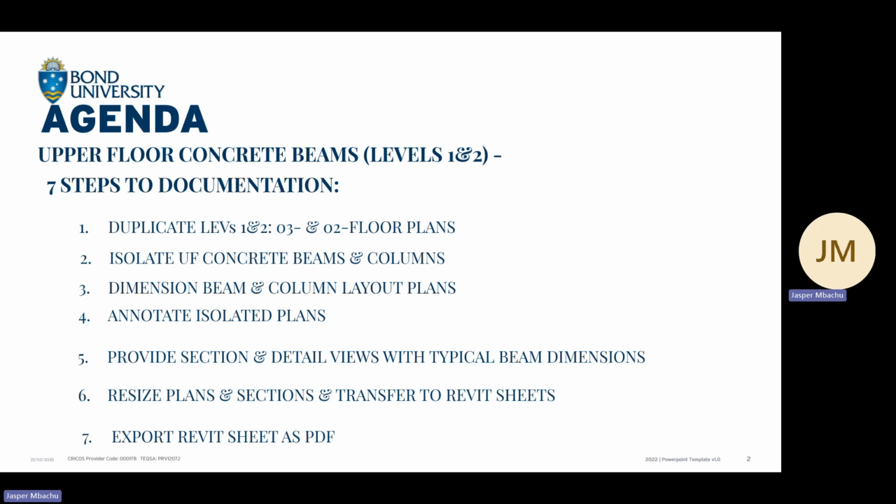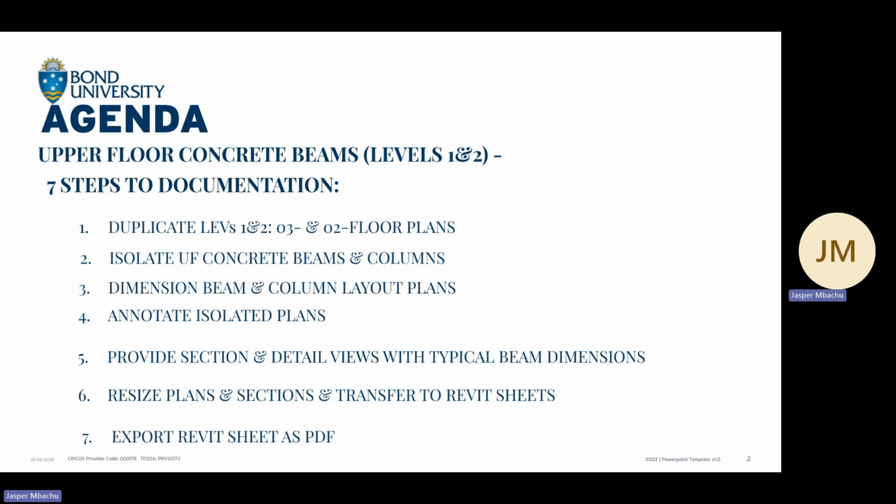On each level, we'll just right-click and duplicate with detailing, and then do isolation of the concrete beams and columns, and then we'll provide dimensions of those beams and the columns on the layout plans and provide the annotation to showcase the sizes or the specifications of those subcomponents that we are interested in.